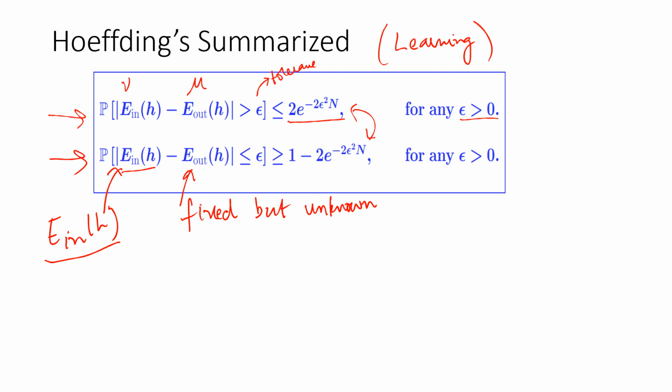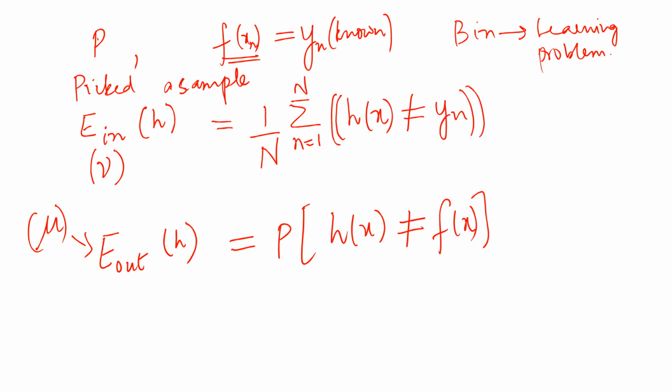Now think about it. If E in, the in sample error, is 0, and because this Hoeffding bound holds, so if my E in of h is almost equal to 0, this is the good thing, this is what we want to happen: my error should be as low as possible, and the disagreement between h of x and y of n should be as low as possible.